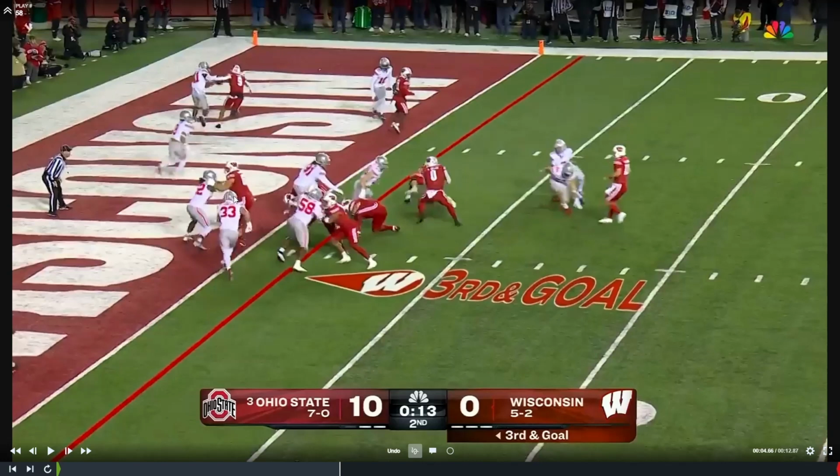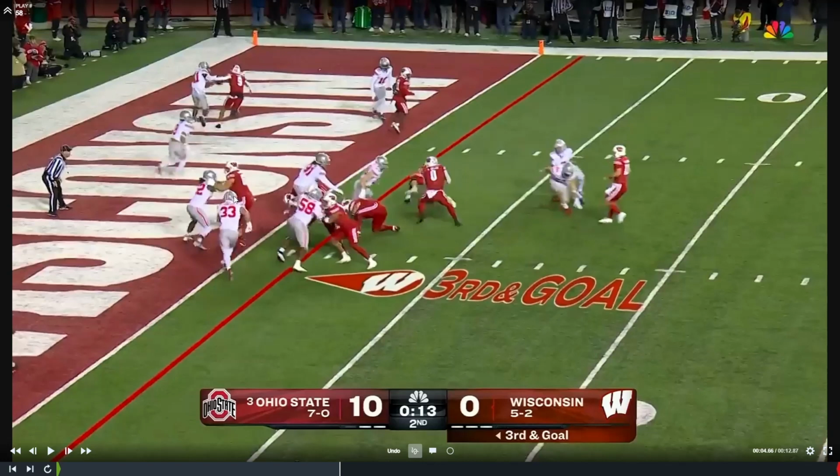I give you going under center on 4th and 1 against Iowa, and Cooper DeJean came screaming down the edge. If we were in shotgun and ran zone read there, we'd probably get the first down. Split flow, get the first down.